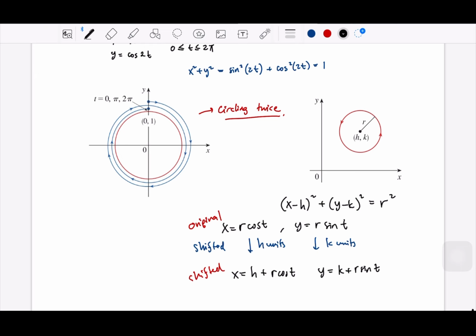Let's move h units. Maybe let me draw here. This is h. And this is k.